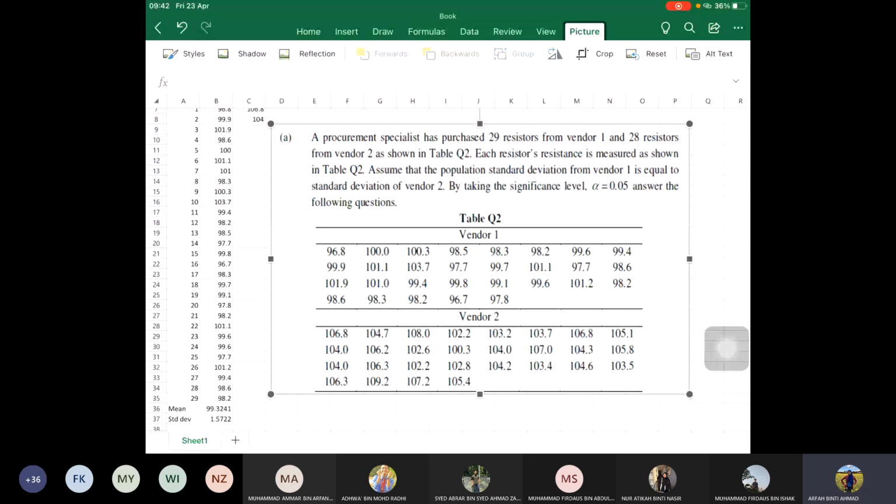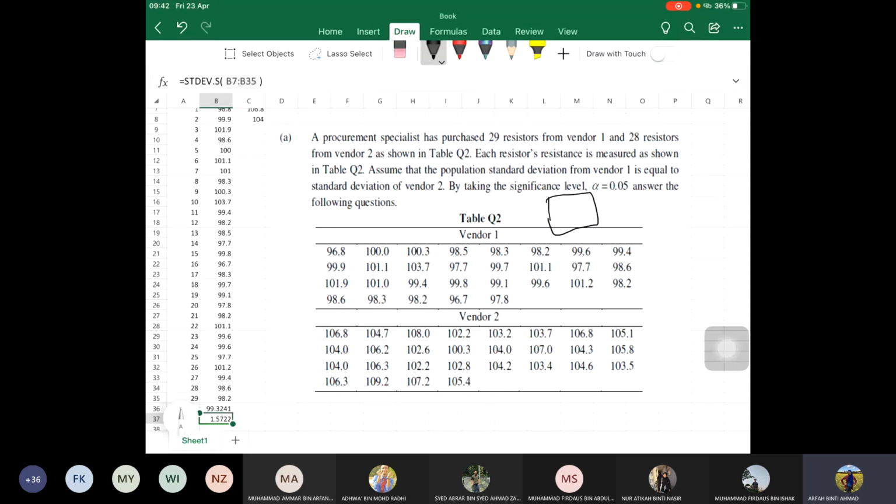Boleh, saya try draw. So kita kan ada this one is your population, okay, and then this one is sample. So dalam kes ni sample kita adalah vendor 1. So population dia pun adalah daripada vendor 1.